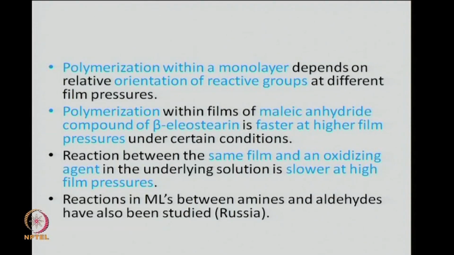Next, we talk about polymerization within a monolayer. Once again, we expect the orientation of reactive groups at different film pressures to come into the picture. Such is the case with, let us say, the films of maleic anhydride compound of beta eleostearin, which, when polymerized at higher film pressures, exhibits a faster reaction under certain conditions.